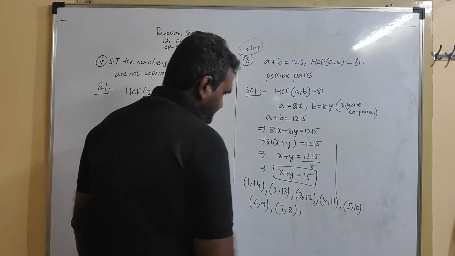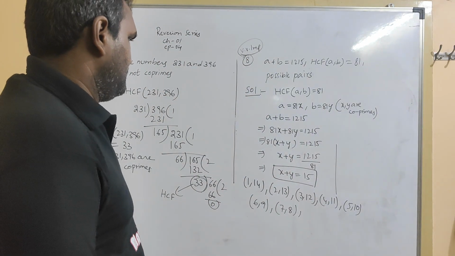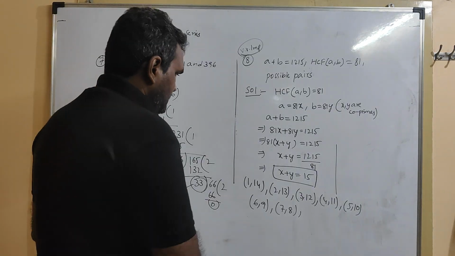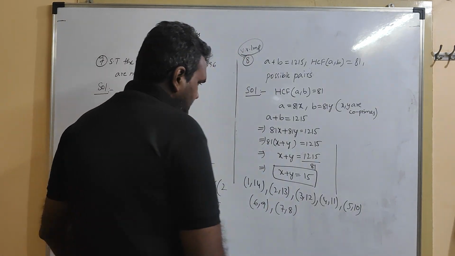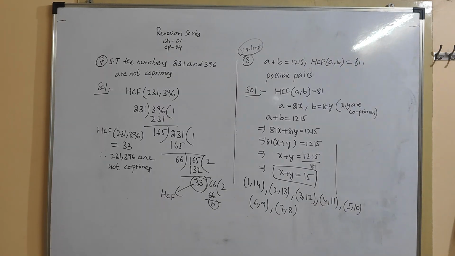Anything else? No, till here only it is there, right? How many you got? 1 and 14, 2 and 13, 3 and 12, 4 and 11, 5 and 10, 6 and 9, 7 and 8. That means 7 pairs you got.